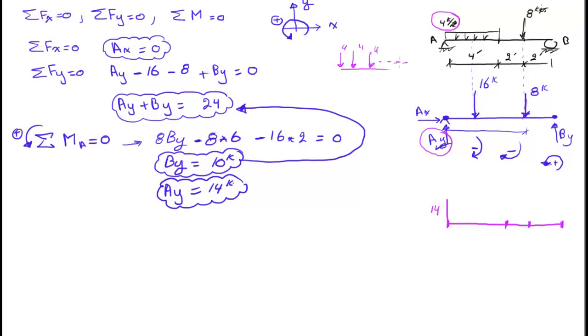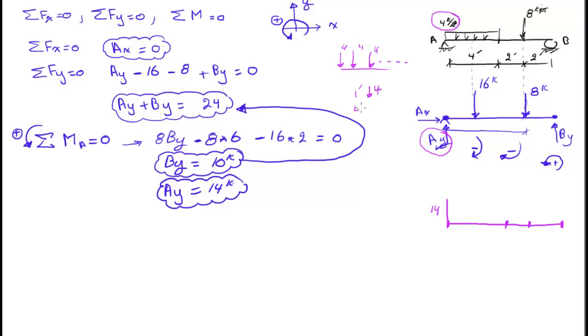So basically what I can get from this distributed load is the following: that this thing will start to descend at a rate of 4 kips per foot. Okay, what is this distance? The distance of the distribution is 4. So for every 1 foot I will go down 4 kips.